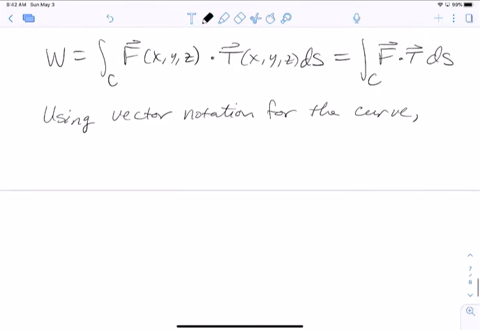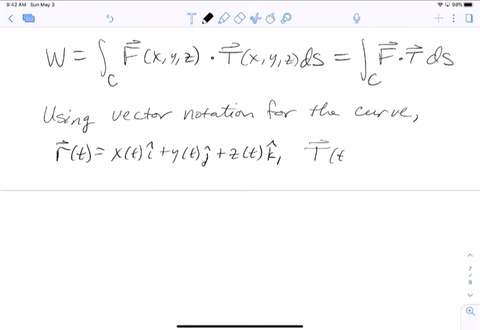Using vector notation for the curve, r of t is equal to x of t i plus y of t j plus z of t k.